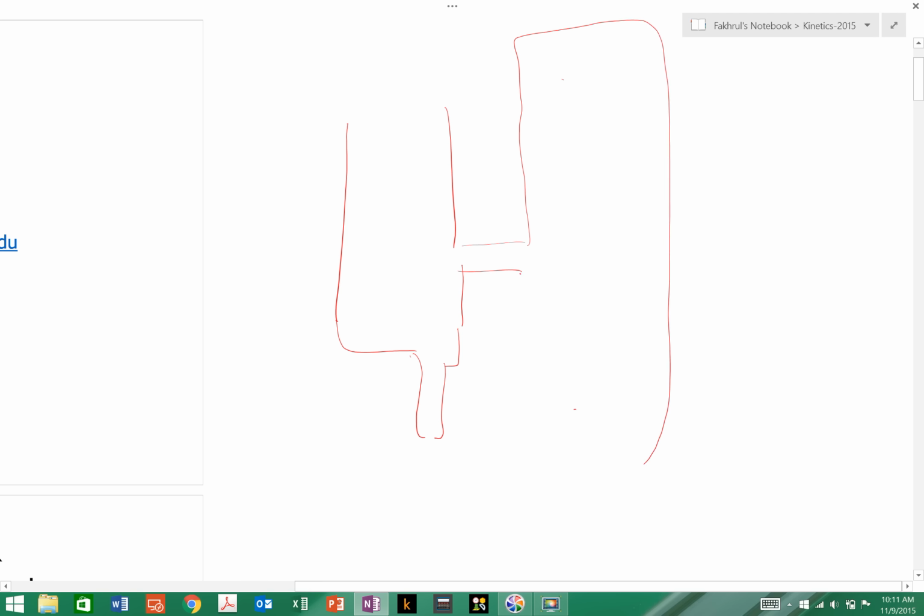But in case of a multi-compartmental model, in case of a two compartment model, we have a tank here, and it also has an elimination, but it is connected to another tank which is bigger than this tank, and the drug does not eliminate from there.